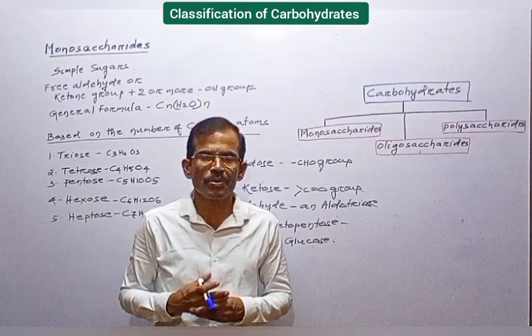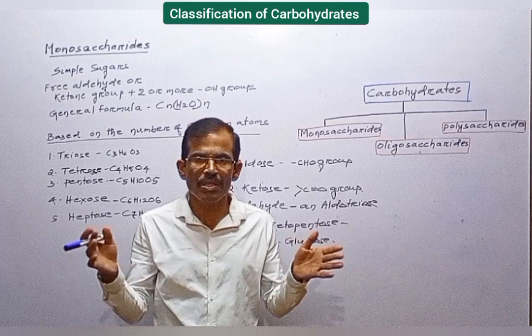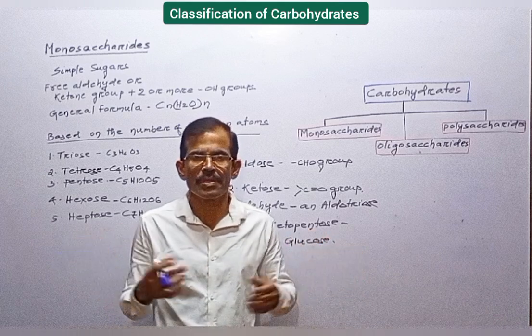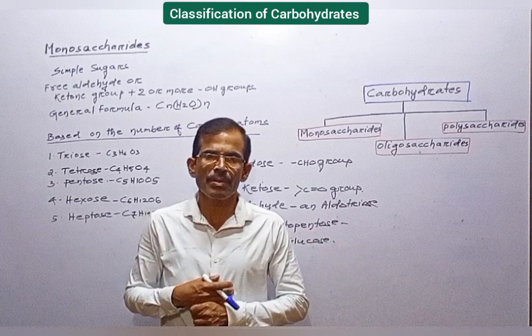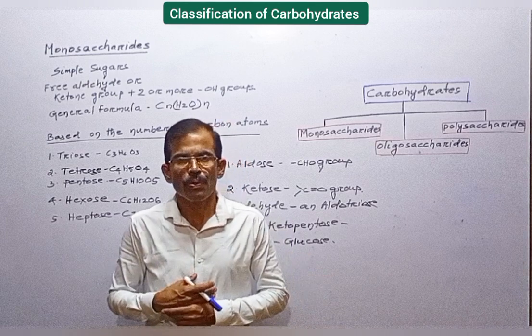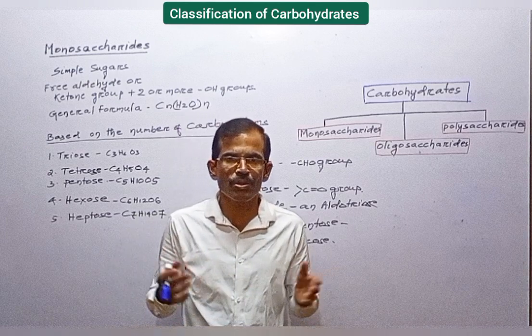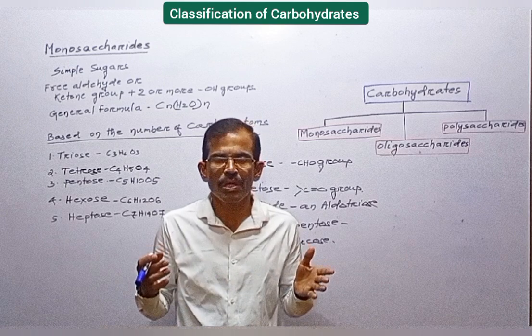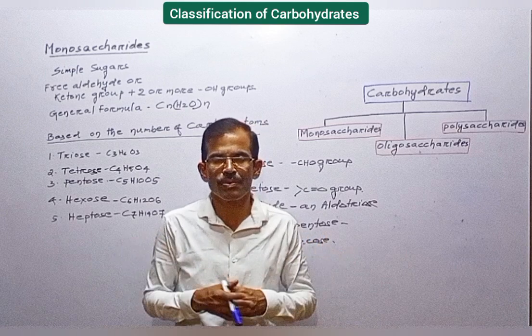Except fructose, ketoses are not as common as aldoses. The most abundant monosaccharide in nature is D-glucose. Glucose is an aldohexose, whereas fructose is a ketohexose.